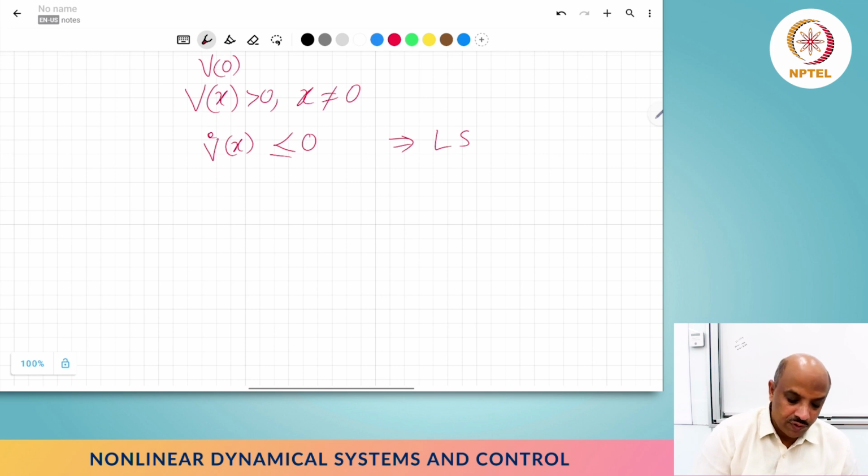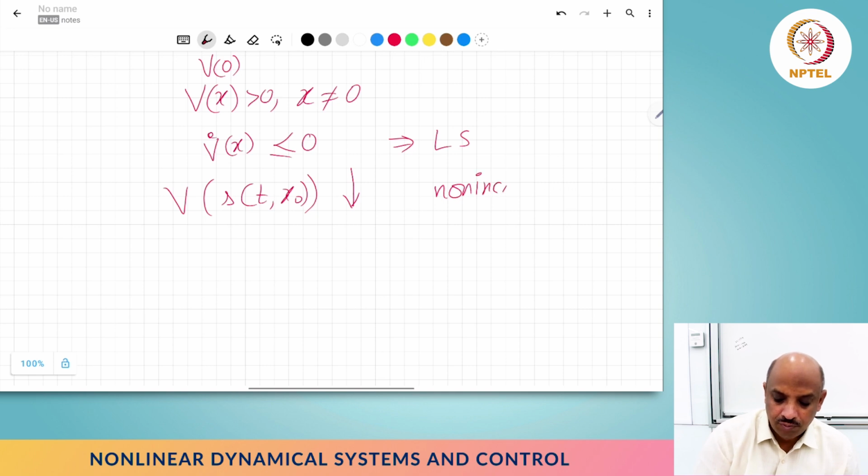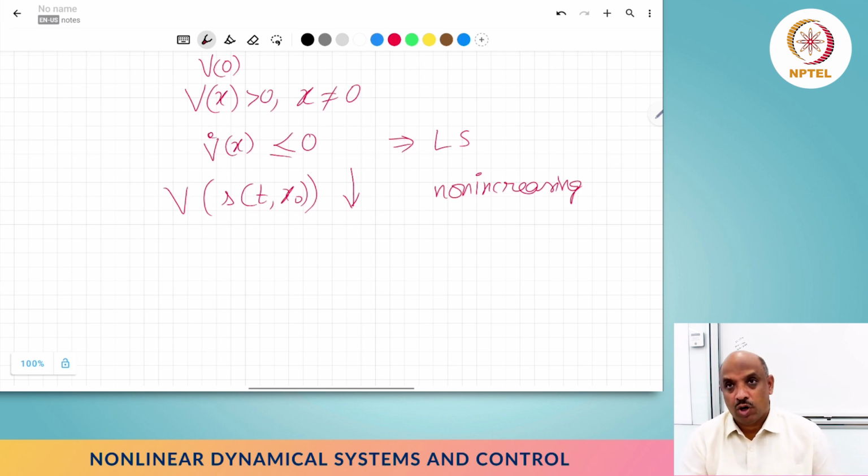But if we had only less than or equal to 0, what can we say? Well, one of the observations that we can make is that V of S of t comma x0, that is V evaluated on the path, is non-increasing. That's the correct way of saying it. It's always going same or down.